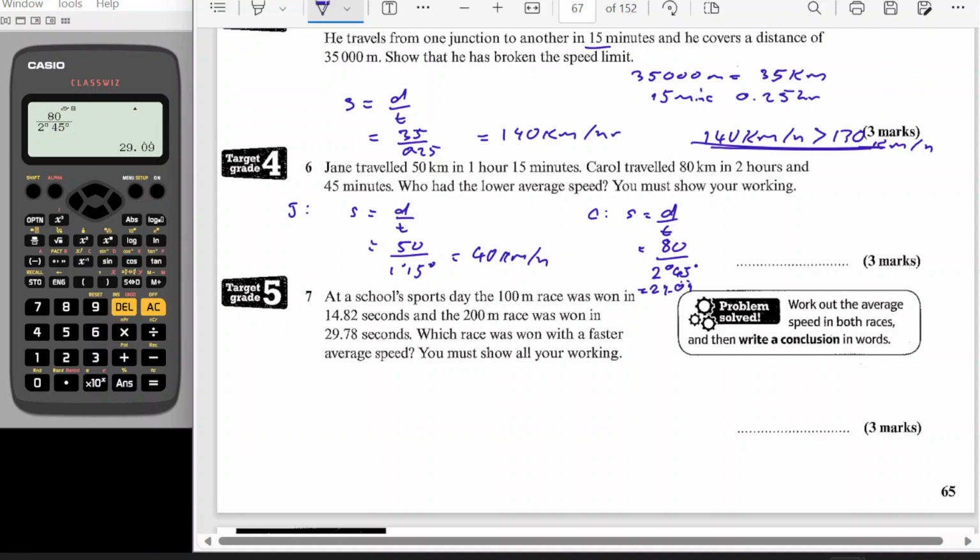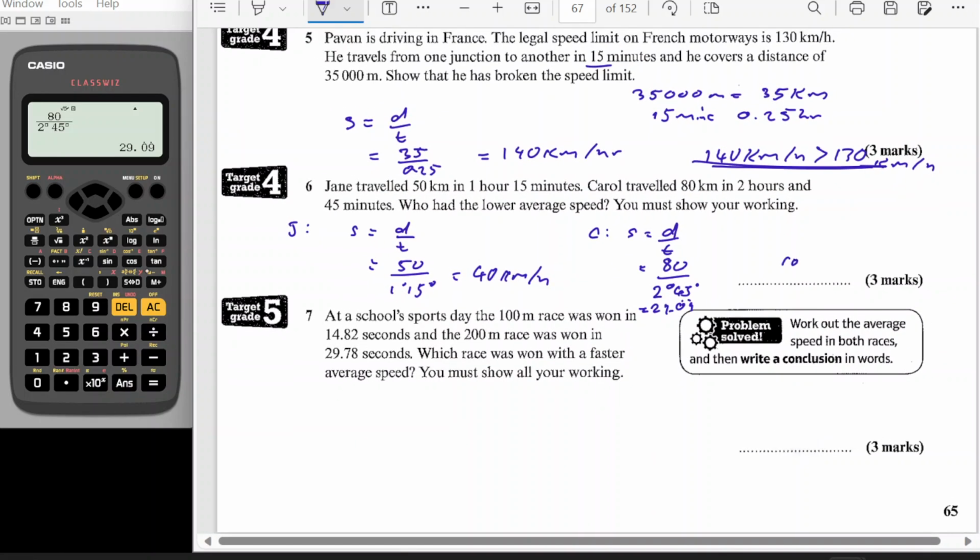So who has the lower average speed? That would be Carol. And as I was doing this, I actually thought that they had the same speed, because if we're traveling 80 kilometers in 2 hours, that would be an average speed of 40 kilometers per hour. But she's actually traveled in 2 hours and 45 minutes, so that's going to be even slower, so that would be Carol.